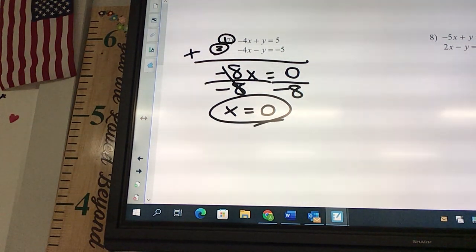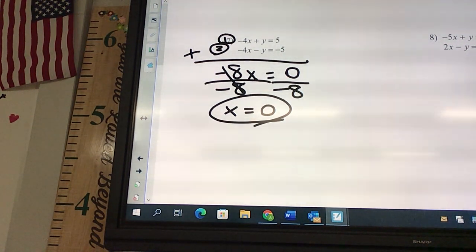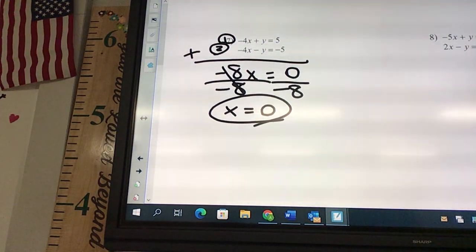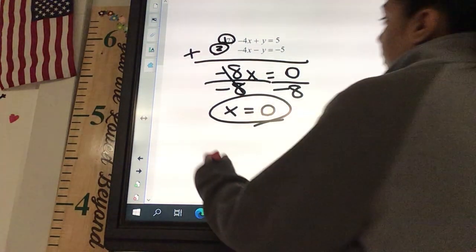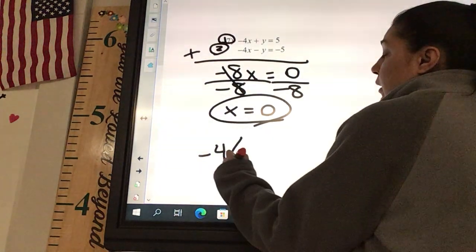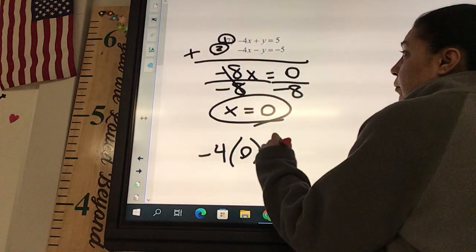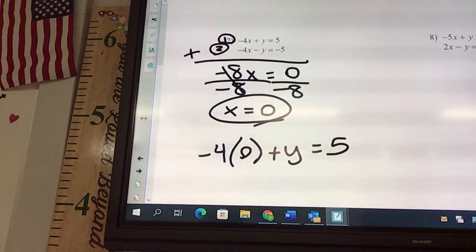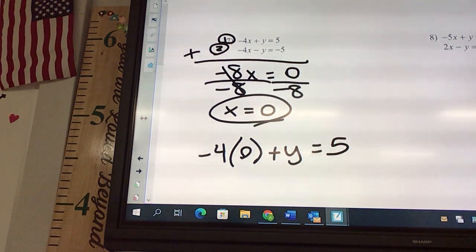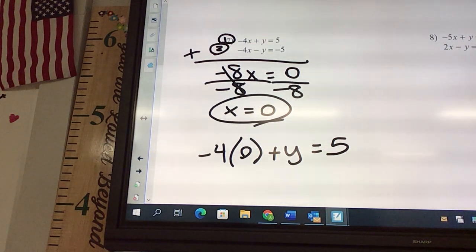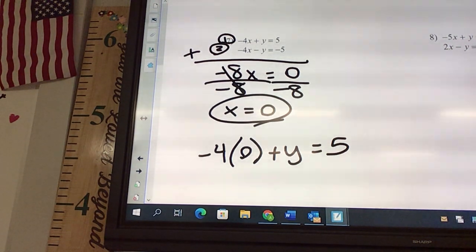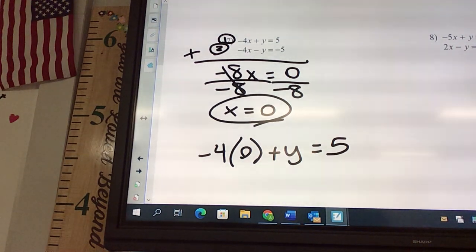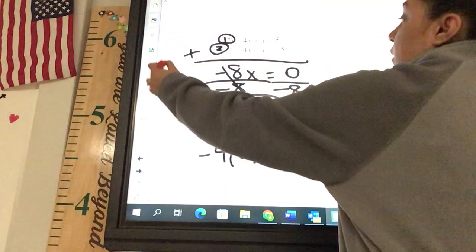Which equation looks easier to plug it in? The first one. Okay, they're really both gonna be the same, so it doesn't matter. We can use the first one. So I got -4, and you got 0 plus y equals 5. Okay, make sure that you're plugging that into the x. We solved for the x first this time, not the y. Okay, so what is -4 times 0? 0.